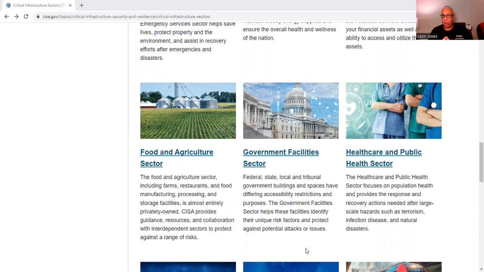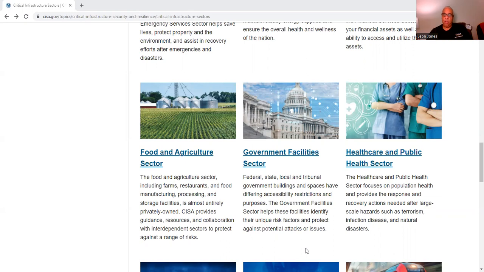Now, the healthcare and public health sector focuses on population health and provides the response and recovery actions needed for large-scale hazards such as terrorism, infectious disease, and natural disasters.